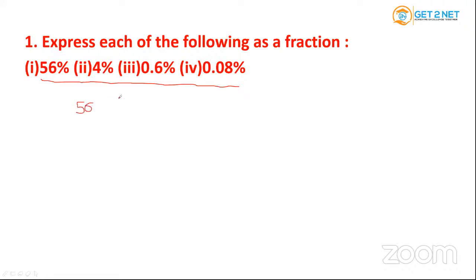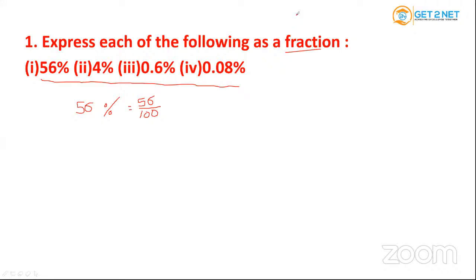What I said in the first line: X% means X divided by 100. So 56% means 56 divided by 100. That's correct. Now reduce it to the lowest term. 0.4? No, lowest term. The question is about a fraction, not a decimal.